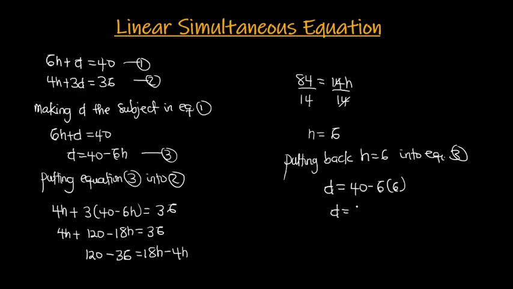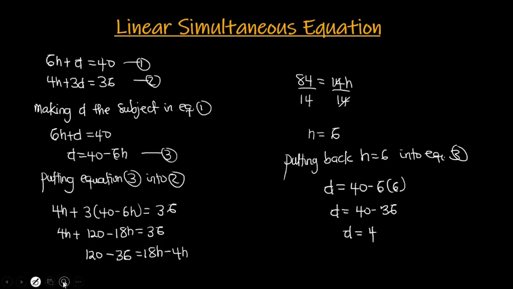So 6 times 6 will give me 36, and so therefore my value of d is 40 - 36, and that will give me the answer 4. So my h is equal to 6, my d is equal to 4. Now if you substitute these values back into these equations, that is h = 6 and d = 4, you are going to get these answers for each of the equations.